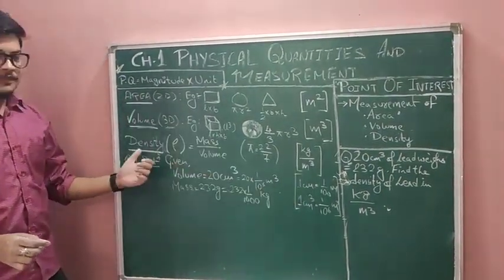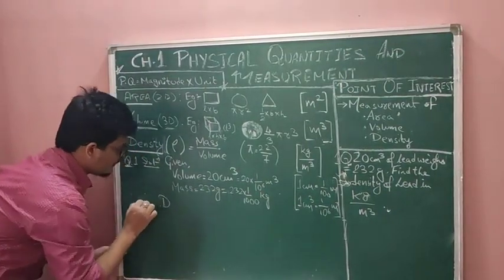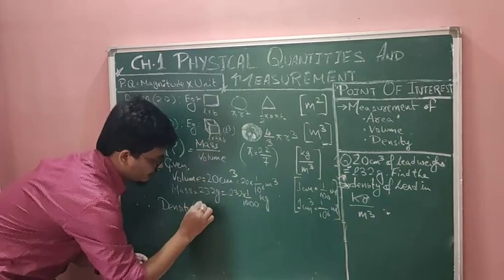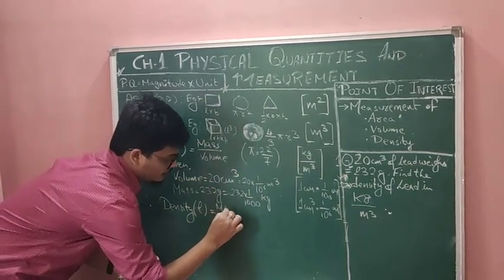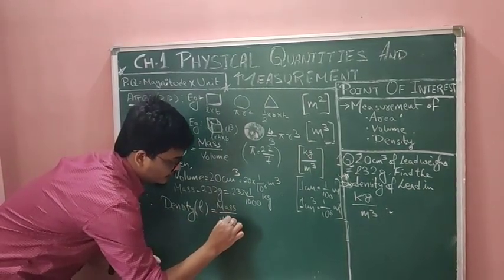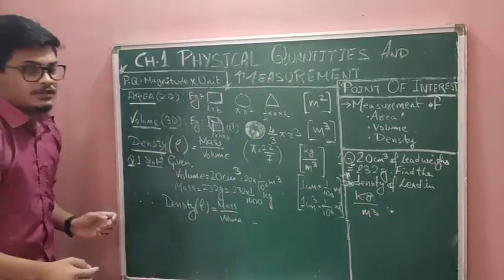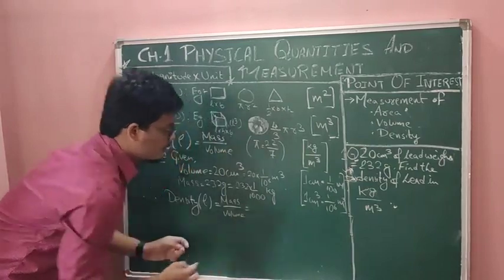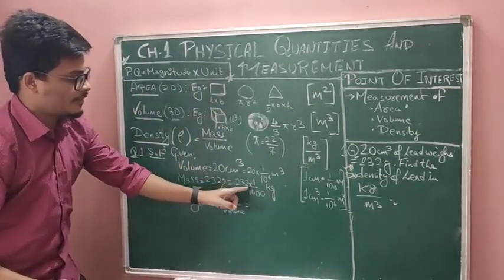Let us find it with the help of this formula, that is density. Therefore, density will be equal to mass per unit volume. And what is your mass over here? Mass is 232 divided by 1000.